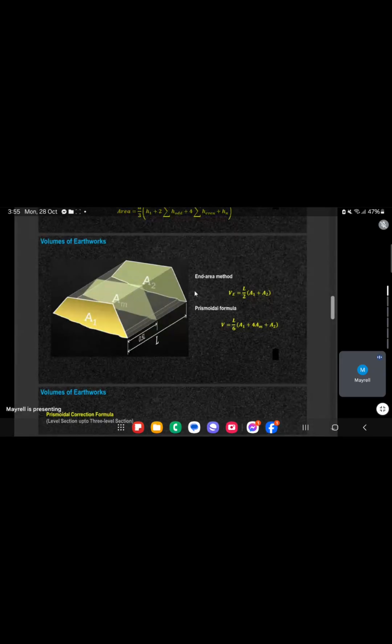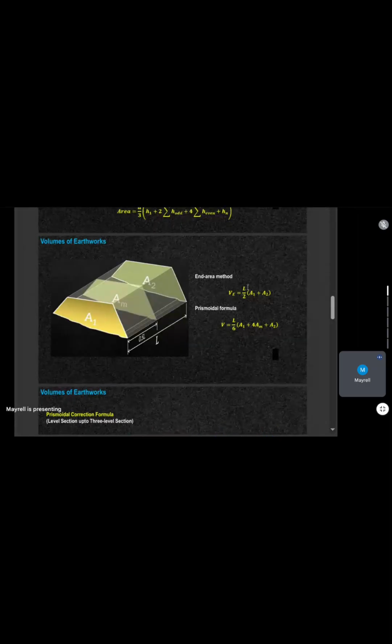Using the prismoidal formula, the volume is L over 6 times area 1 plus 4 times area middle, this area, plus area 2, so this area.